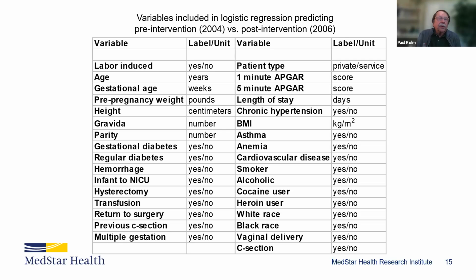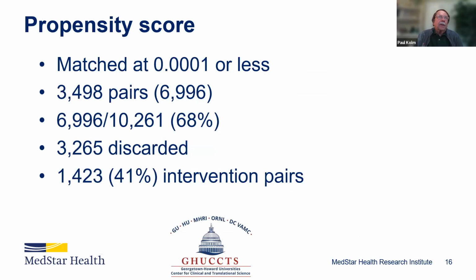And so you can see that there's a lot of variables here that would be typical to maternal fetal medicine. So what we are going to do is we're going to match at 0.0001 or less.